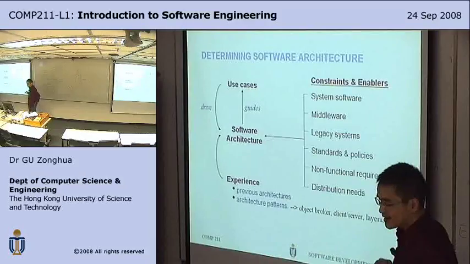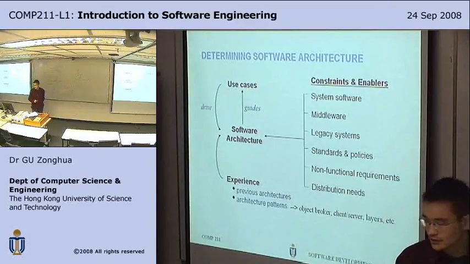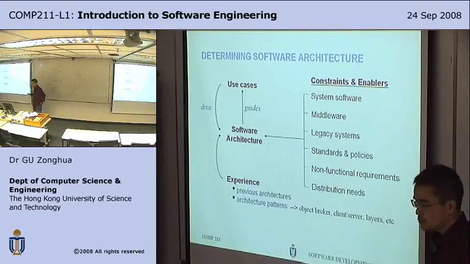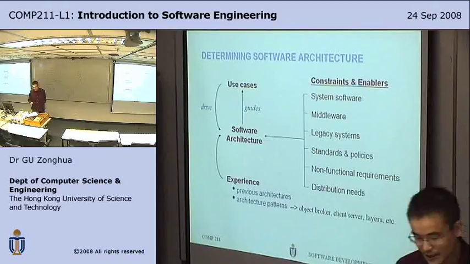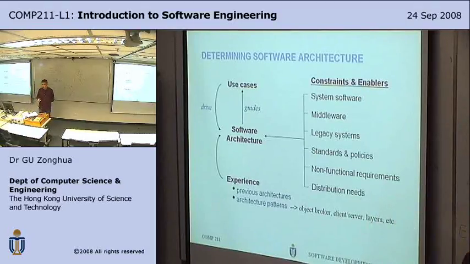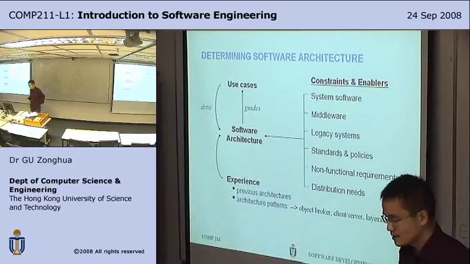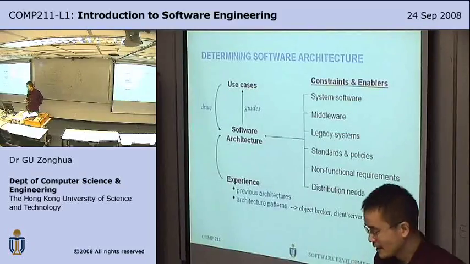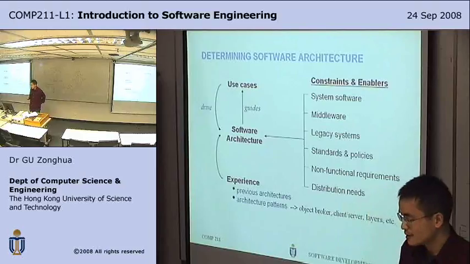So obviously, client server is a good pattern to use. A layered architecture where you have the system structured into multiple layers. For example, network protocol stack is a 7-layer protocol. Object broker is another pattern.